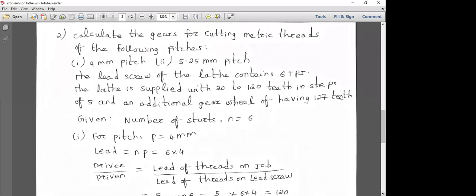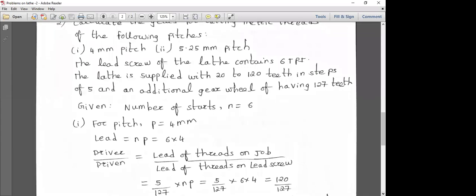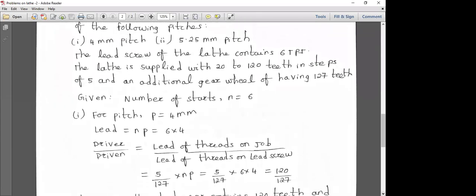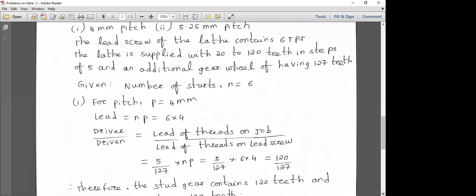You have to calculate the ratio of driver by driven, and you will get 5 by 127 into N P, which is the common formula you have to remember by heart. N P is 6 into 4. What is the final result you will get? The final result is 5 into 6 into 4, which is 120 in the numerator, by 127.